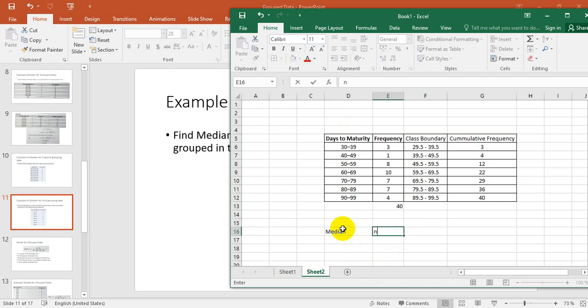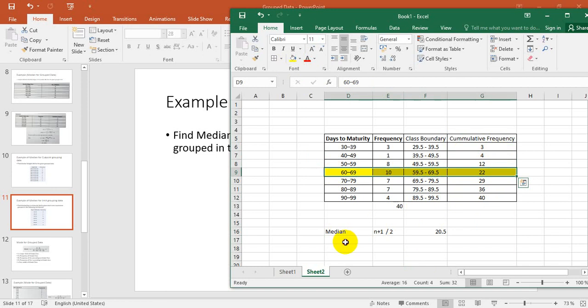Here n is 40, so it becomes 41 by 2. 41 by 2 is 20.5. Now find out 20.5. फर्स्ट क्लास में 20.5 नहीं हो सकता, सेकंड में नहीं हो सकता, थर्ड में नहीं हो सकता, फोर्थ क्लास में 20.5 हो सकता है. सो दिस मीन्स दैट फोर्थ क्लास वुड बी माई मीडियन क्लास. सो मीडियन क्लास डिटरमाइन हो गया.